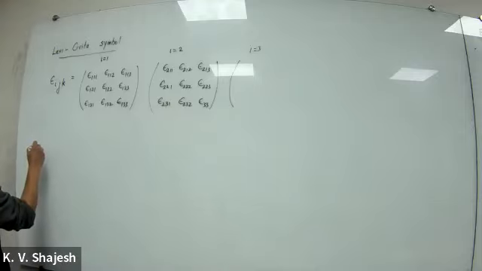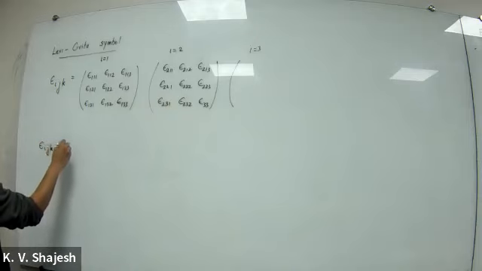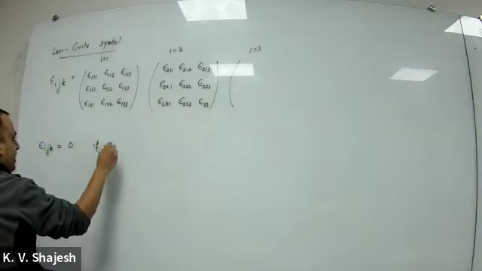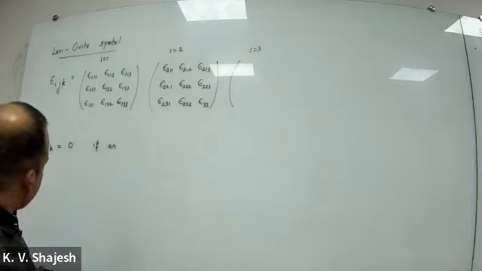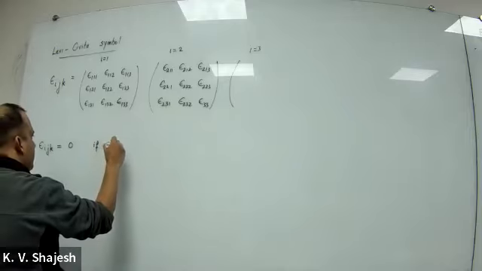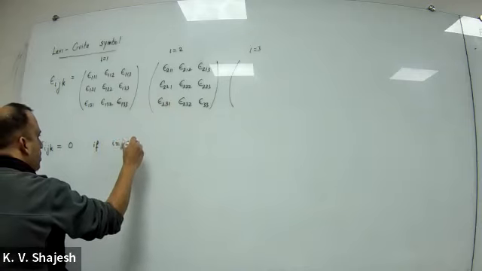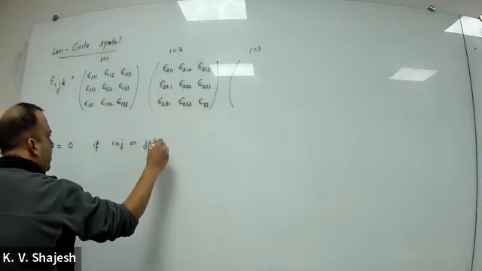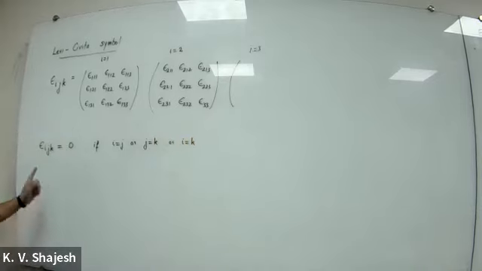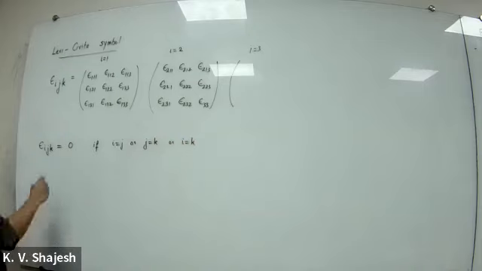I say epsilon ijk is equal to 0 if i is equal to j, or j is equal to k, or i is equal to k. If any one of them repeats, that's equal to 0.